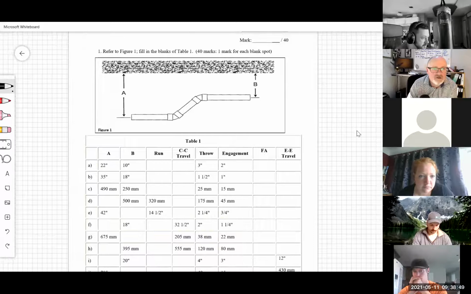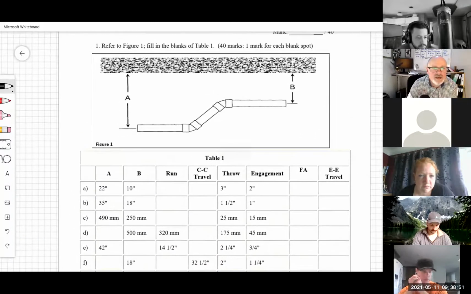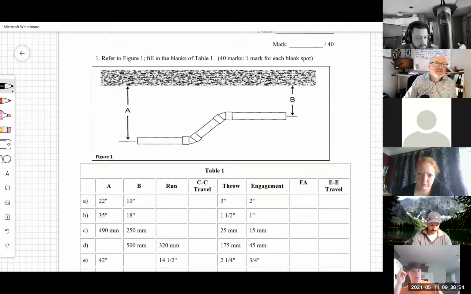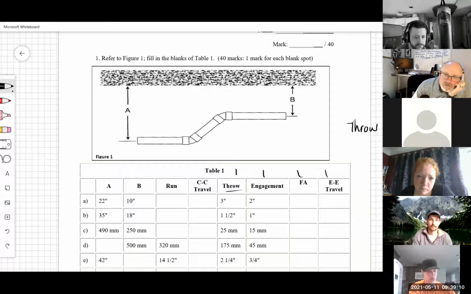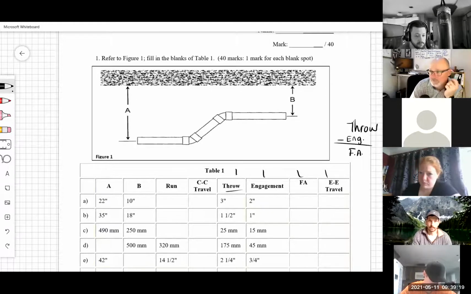Okay, so this one here, this is also a review of last year. But I want to tell you first off that these 3 rows right here, the throw minus the engagement is equal to the fitting allowance. Okay. Yeah, that's right, Brad.